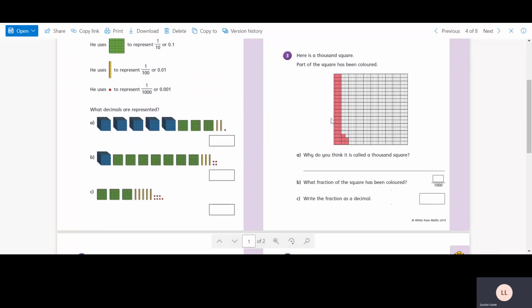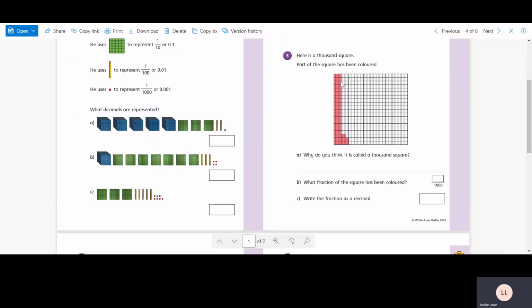Underneath here, this is a 1,000 square, so it's a bit like a 100 square. Can you see the larger squares here? And then within that, there are 10 smaller squares or rectangles, 10 parts. And so altogether, there are 1,000 parts in that square. Part of that has been coloured for you, and what you've got to do is talk about what has been coloured.